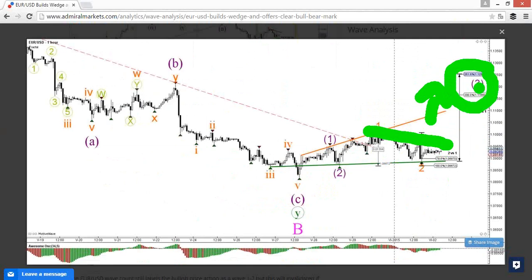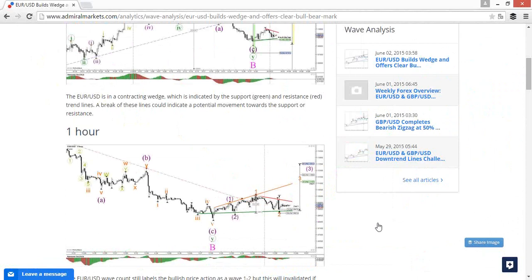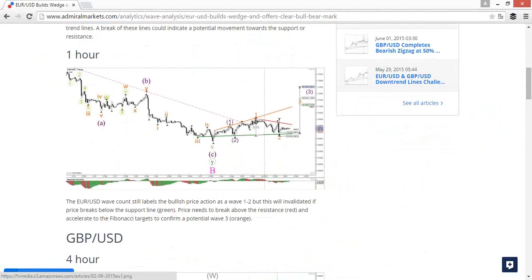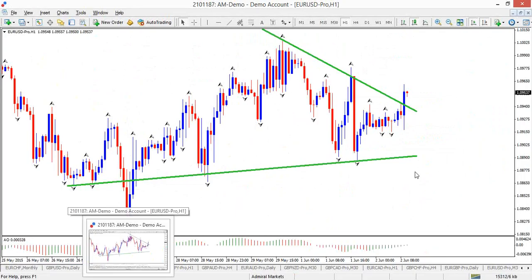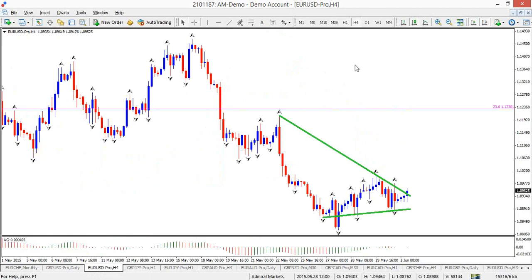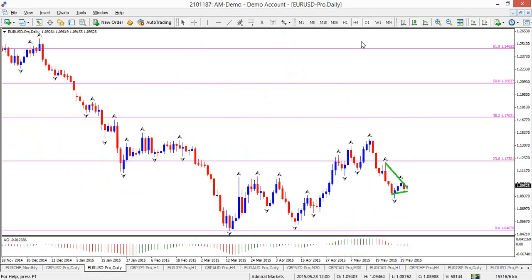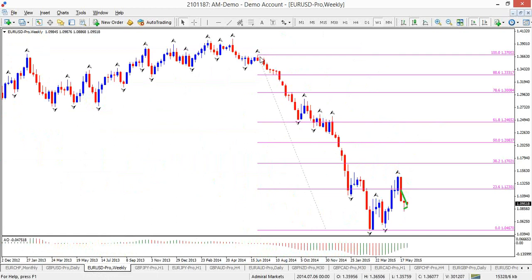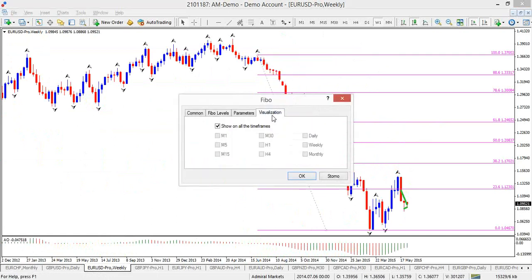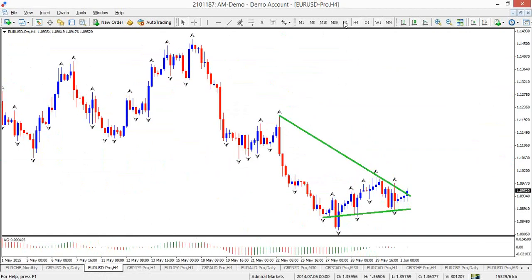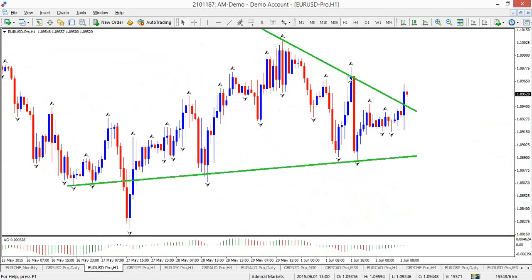And indeed, yes, indeed, Björn. If this is correct, there should be a lot of momentum to the upside, if the euro-dollar analysis is correct. So let's, with no longer ado, take a look at that euro-dollar now without the wave count. Alrighty. So what I'm looking for here is a break of this trend line, which we are doing now at this moment.